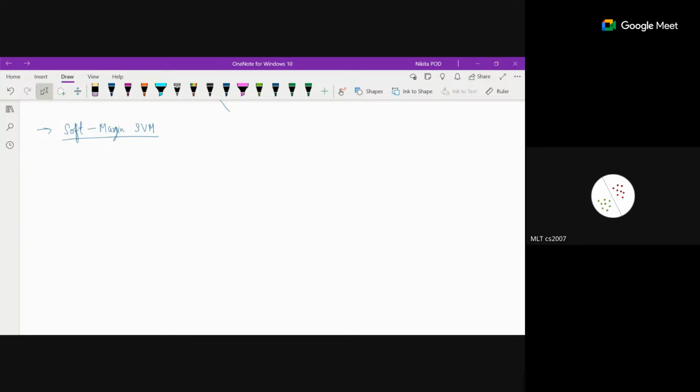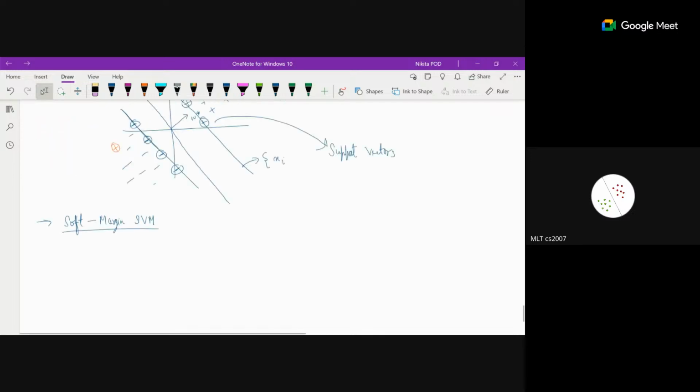So if we take any W, then that W might classify some data points correctly, and it may not classify some data points. So if there are some data points which are not correctly classified, then what can be done is that the points which are incorrectly classified can pay some amount and go to the right side. They will have to pay something to go to the right side.